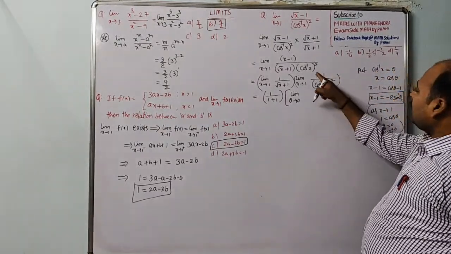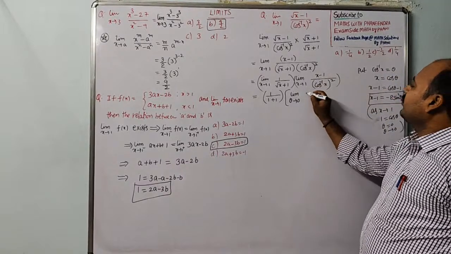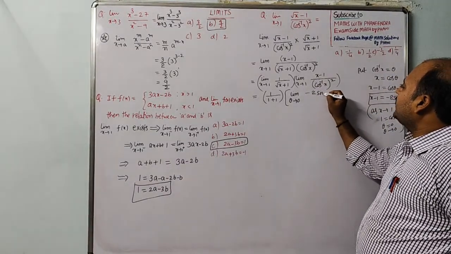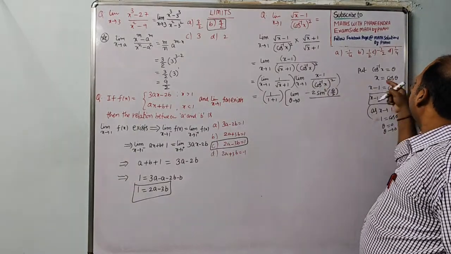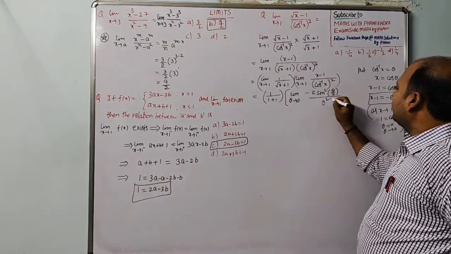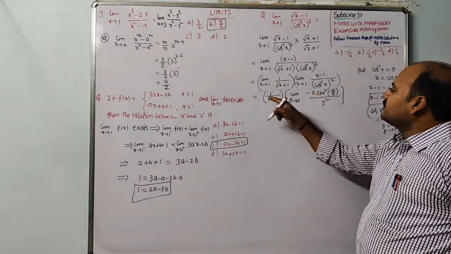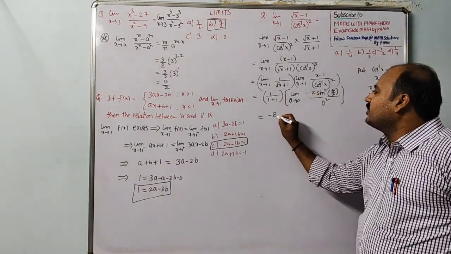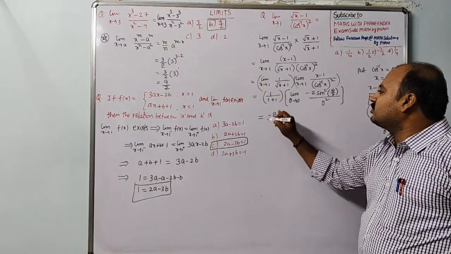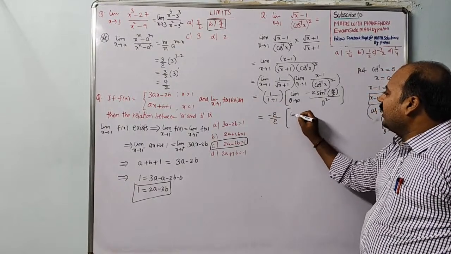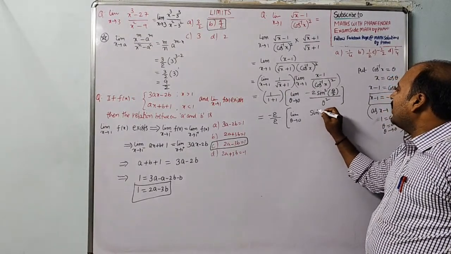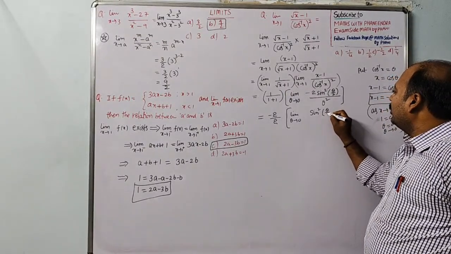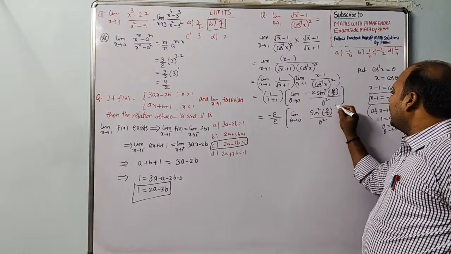0. In place of x minus 1, minus 2 sin square theta by 2 divided by cos inverse x, which is theta, so theta square. So minus 2 bring outside, minus 2 divided by, here 1 plus 1 is 2, and we have limit theta tends to 0, sin square theta by 2 by theta square.